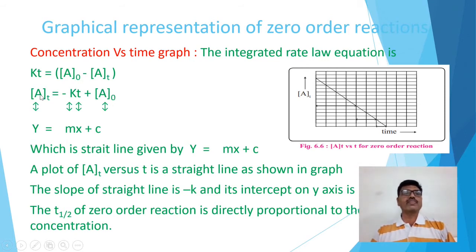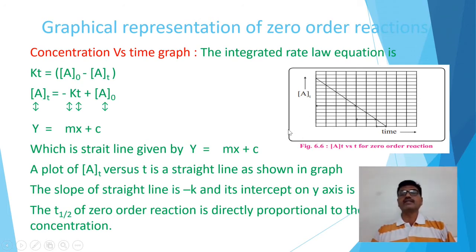So see here, At is on the y-axis, minus k is m, which indicates the slope, t is time on the x-axis, and c is the intercept on the y-axis. We will get such type of graph here.